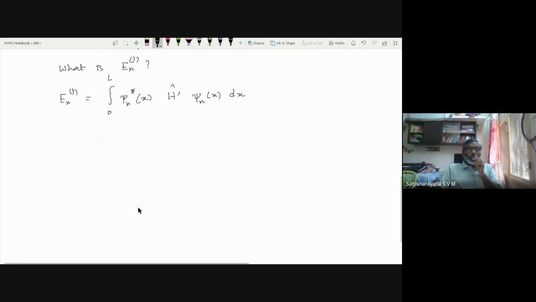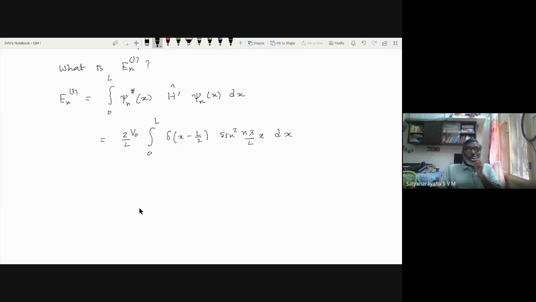You can write this as 2 by L integral 0 to L, putting V naught outside, delta of x minus L by 2 into sine square n pi x by L dx.